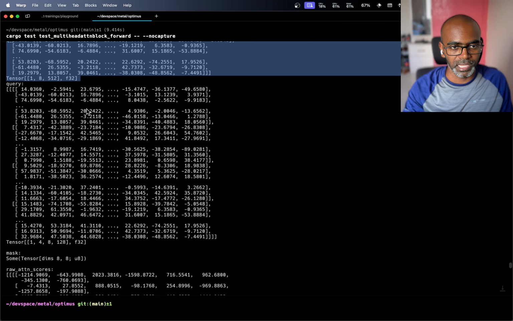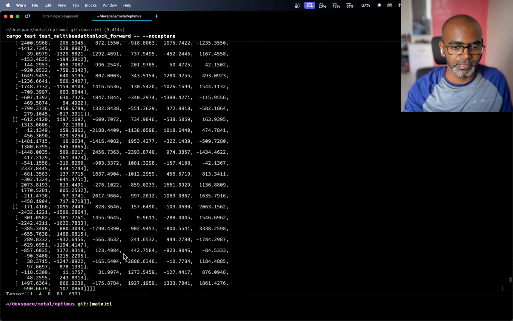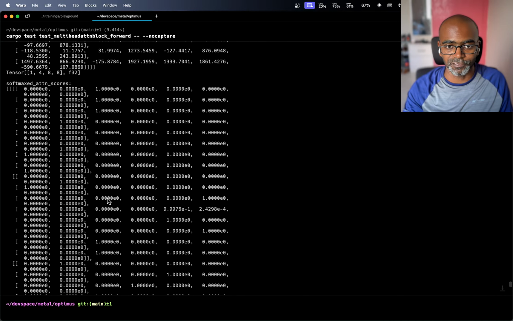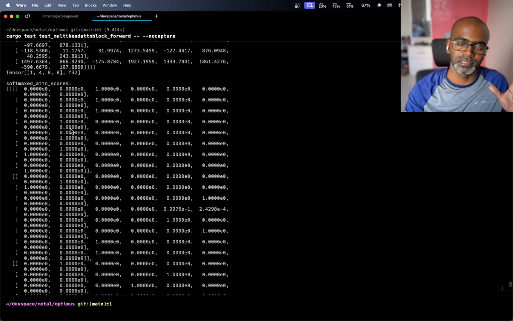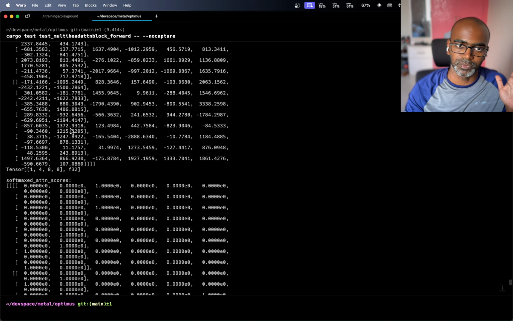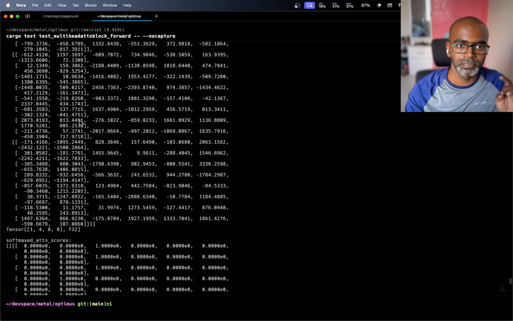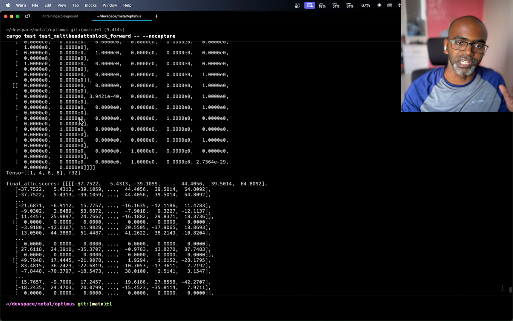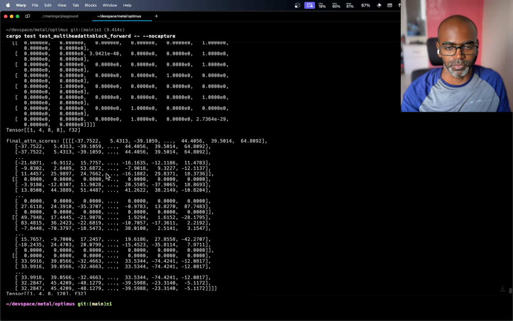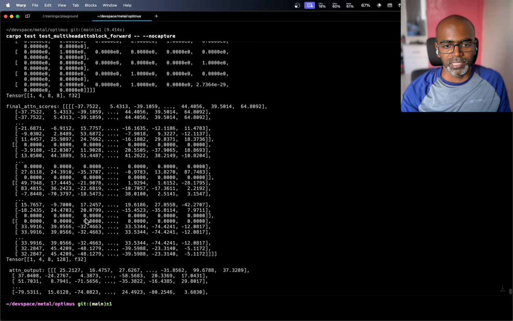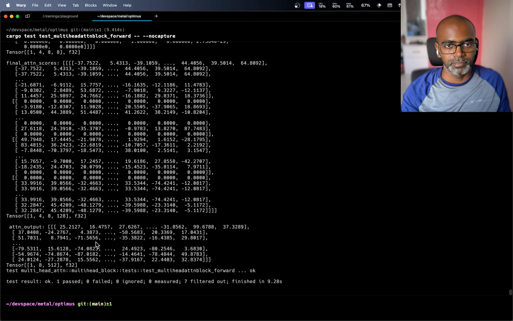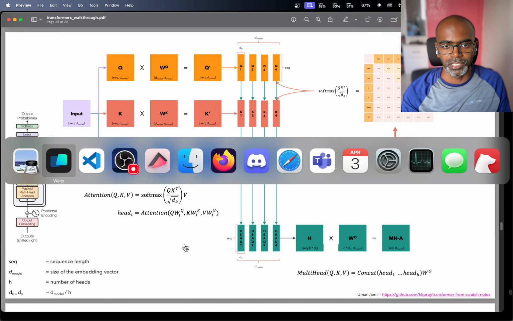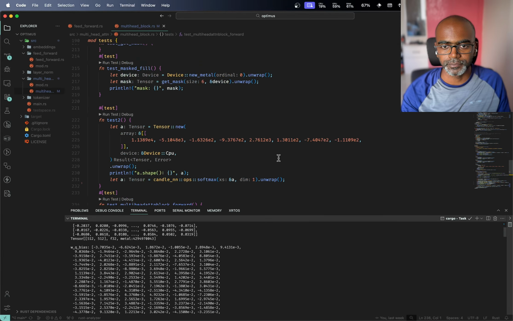And then when we apply the softmax, we get this. The interesting thing is, when you apply the softmax, you actually get a really sparse matrix with a lot of zeros and ones. This is expected because we've got comparatively really large numbers. As we go along the training process, you'll see that this will change and you'll be able to see a lot more information. And then you get your final attention scores, which is what we see here.